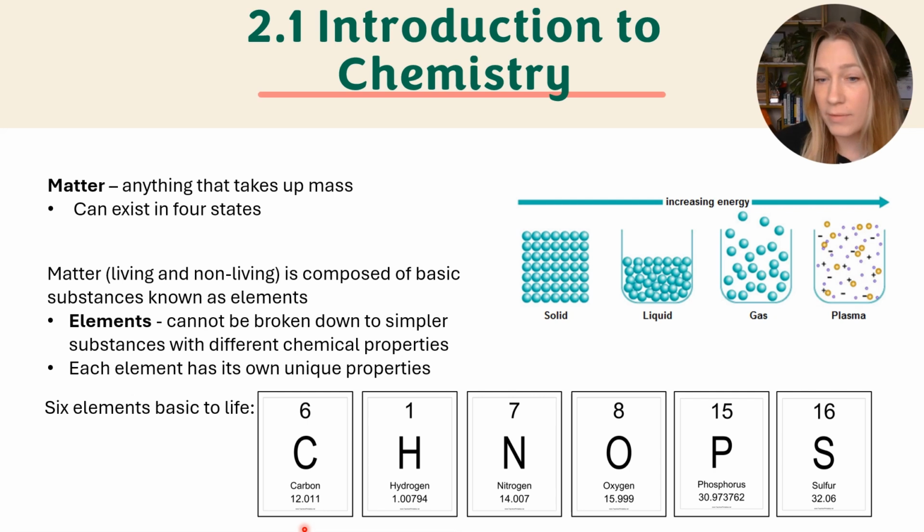The properties of these elements, specifically these 6, are essential to what makes cells and organisms unique. There are other elements that are important to organisms, things like sodium, potassium, calcium, iron, manganese, but those are found in much smaller quantities, and they're not universally needed in all organisms, such as these 6 elements here.